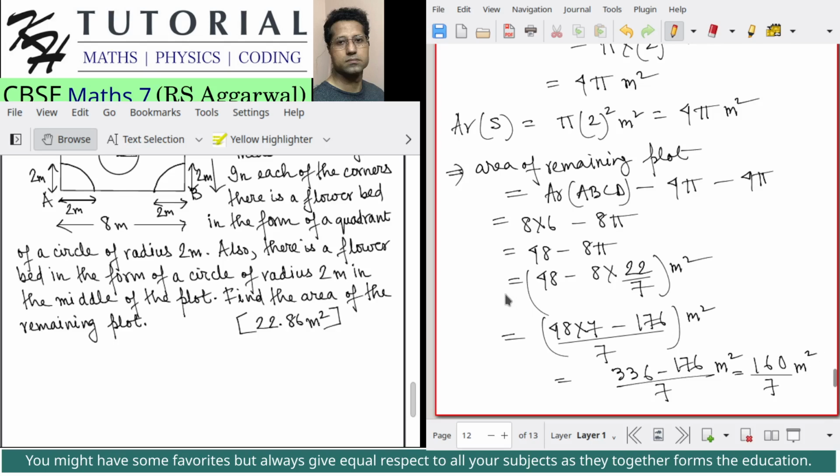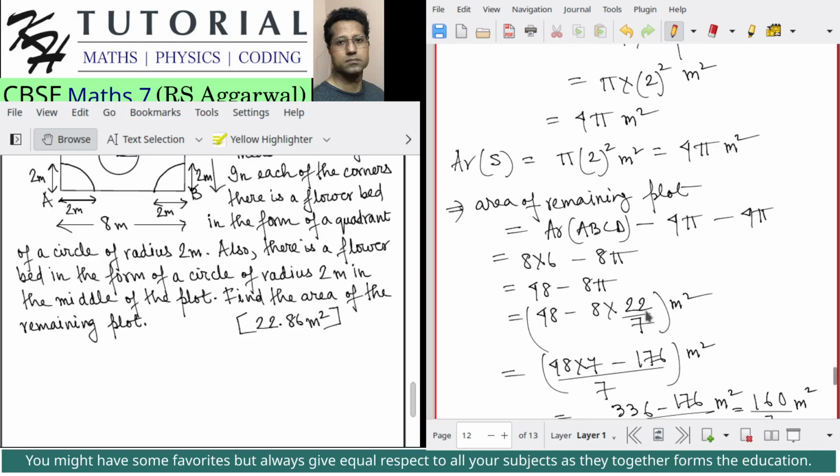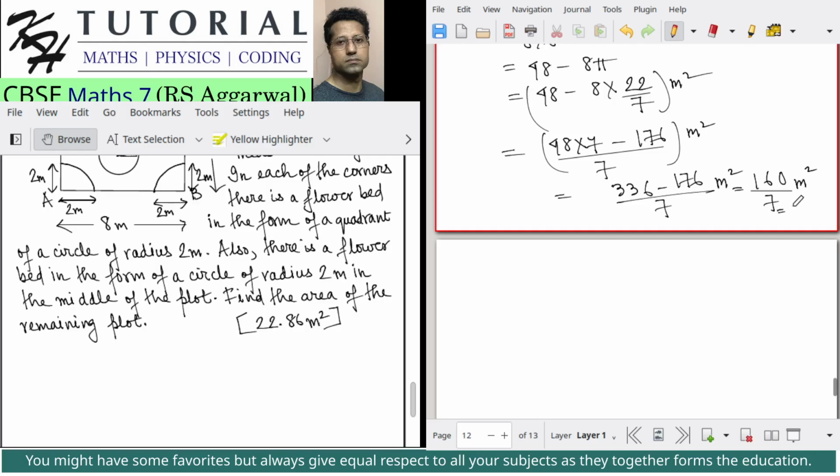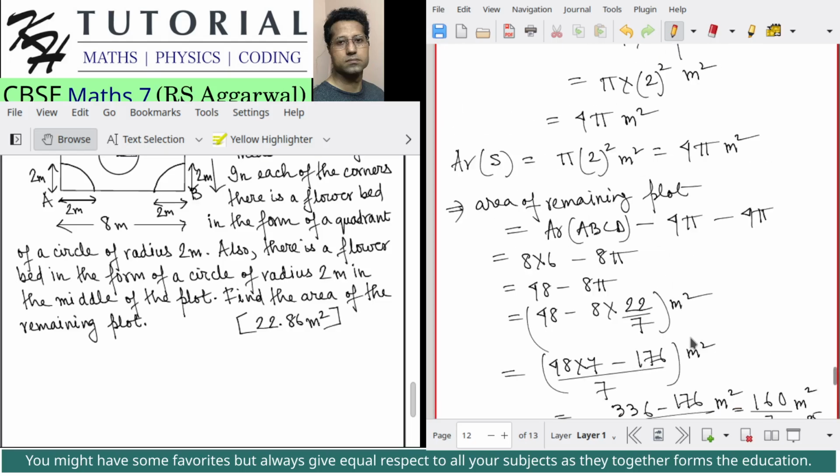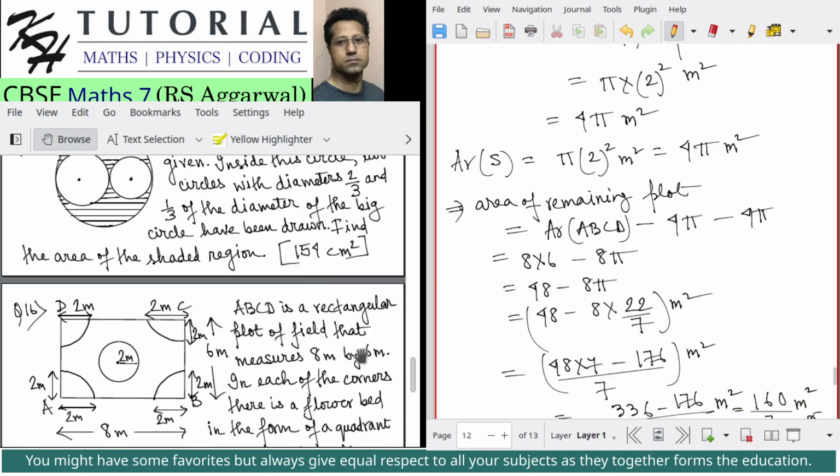So how much is 160 by 7? 160 divided by 7 is 22.85. So this is equal to 22.85 meter square. So with this, it comes to an end in solving the problems of exercise 20F.